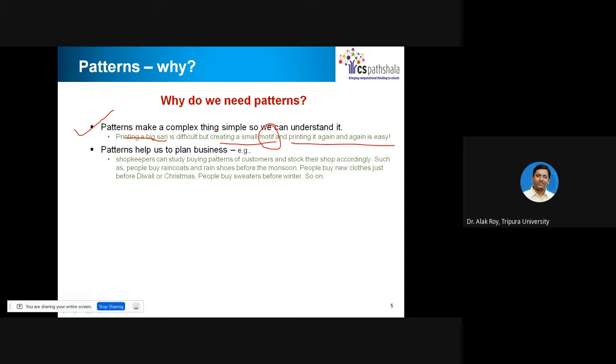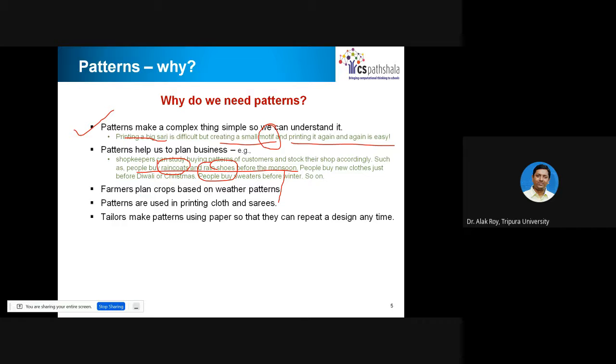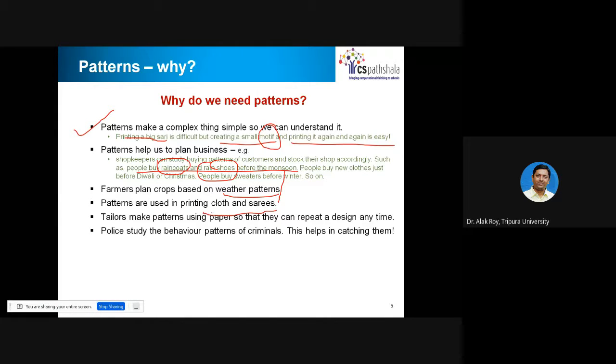Maybe people buy raincoats and rain shoes before the monsoon, so the shopkeeper can stock raincoats and rain shoes for the monsoon. There can be different examples, or maybe a farmer plans crops based on weather patterns, or patterns are used in printing cloths and saris, or maybe a tailor makes a pattern using paper so that they can repeat a design anytime.